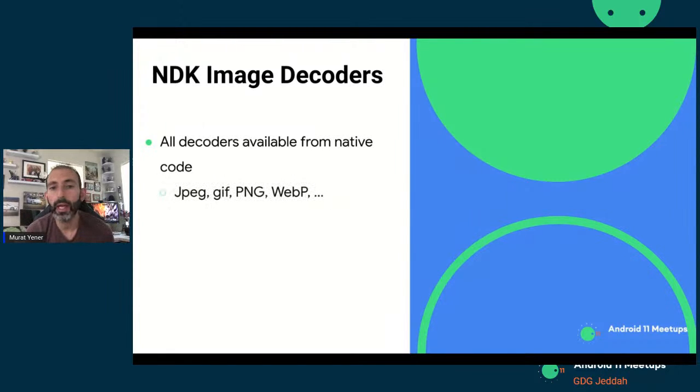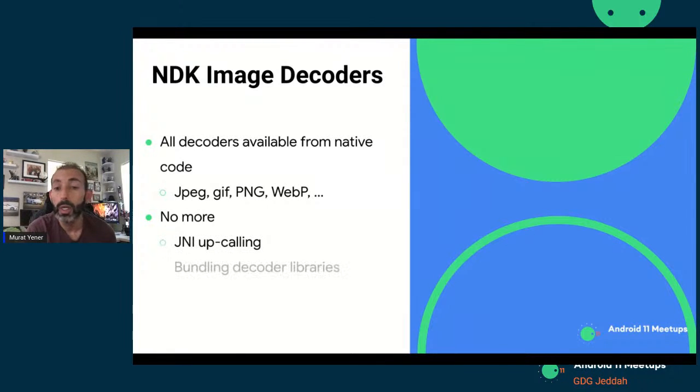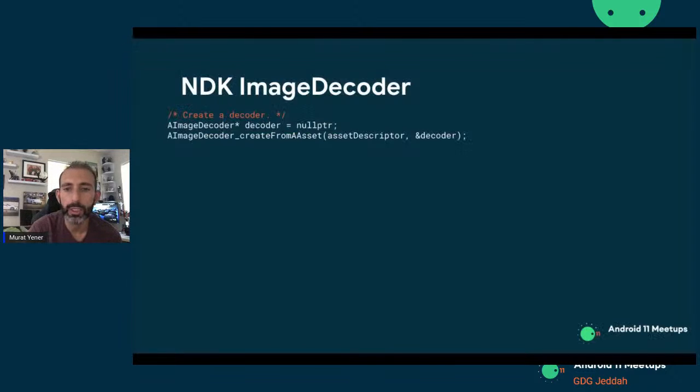With Android 11 now, we have all the native decoders available, and you don't need to do any JNI lookups or use any third-party libraries. So you don't need to grow the size of the APKs. You can just use the new NDK image decoders to access image files.